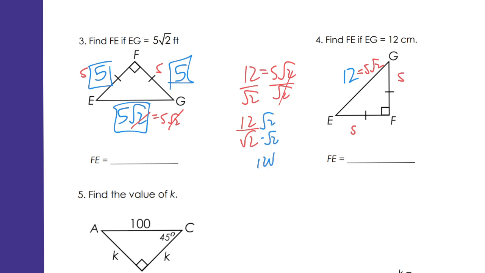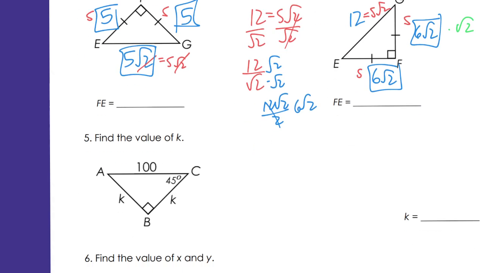You get 12 root 2 over 2, reduce this, you get 6 root 2. So this side is 6 root 2, and so is this side. Now, if you want to check yourself, if you take this leg and times it by the square root of 2, you're really going to get 12 as an answer. So the relationship is holding.